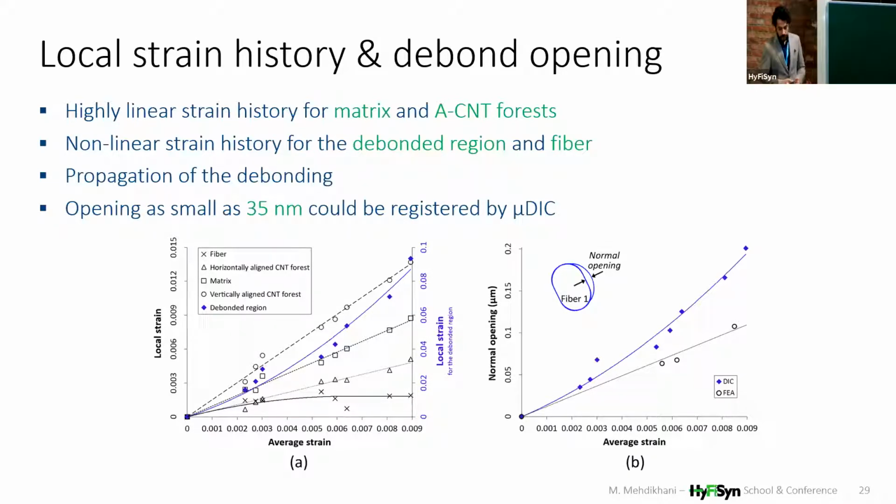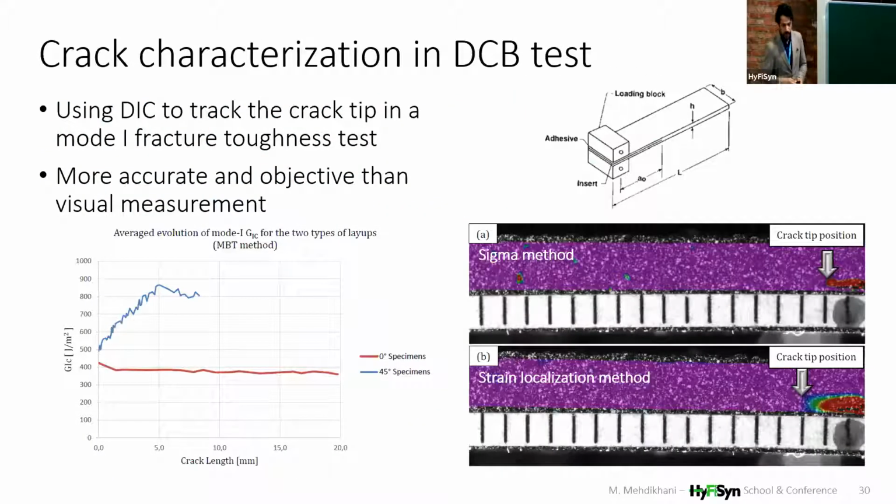But in the end, we could measure this small debonding and a very, let's say, tiny opening of the debonding with quite good accuracy.